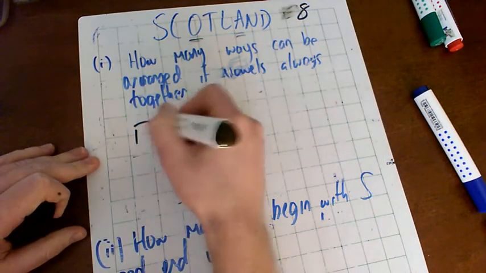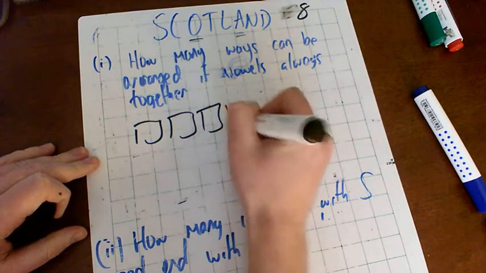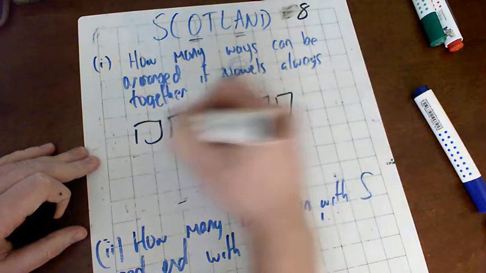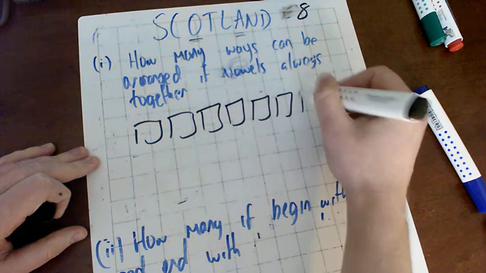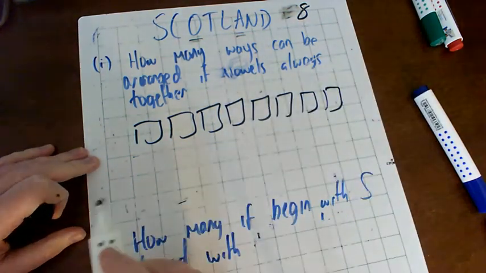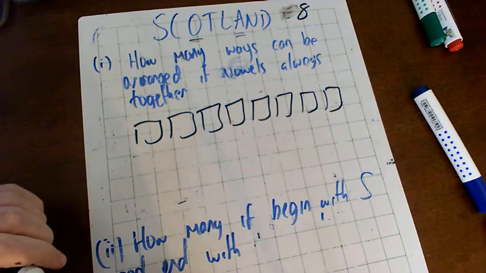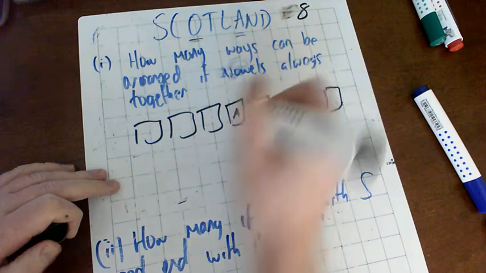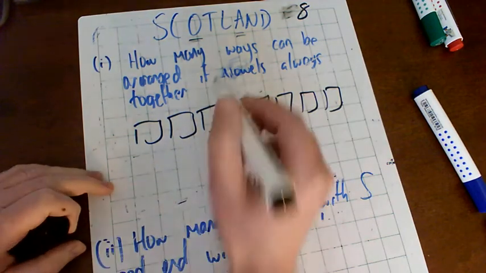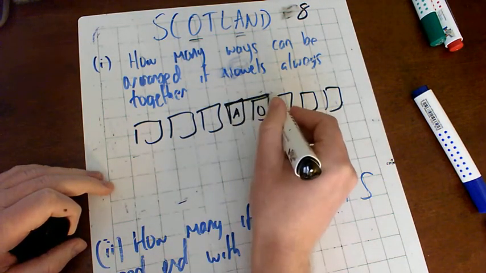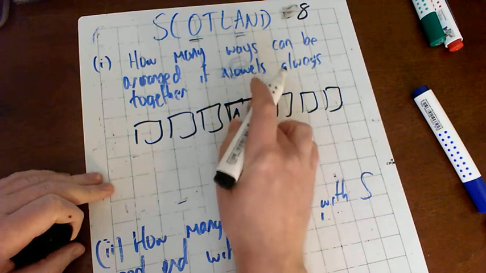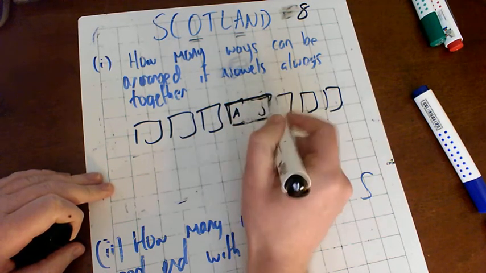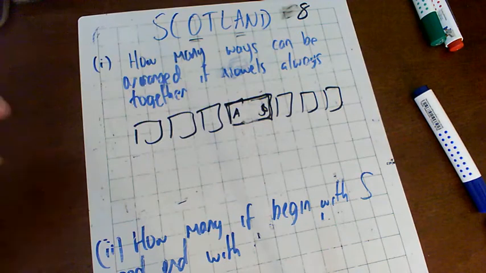So if I have 8 different letters, there's 8 different boxes. 1, 2, 3, 4, 5, 6, 7, 8. However, just say this one was A and this one was O randomly. Those 2 always have to stay together. The A and the O always have to stay together. So if the A moves, the O moves.